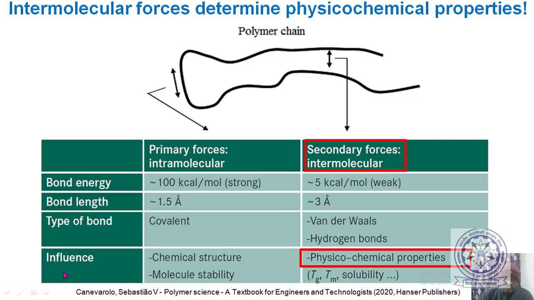Let us see in the next slide what they are. Chemical structure and molecular stability are influenced by these, and physical and chemical properties depend on these intermolecular forces, such as the glass transition temperature, melting temperature, solubility, etc.